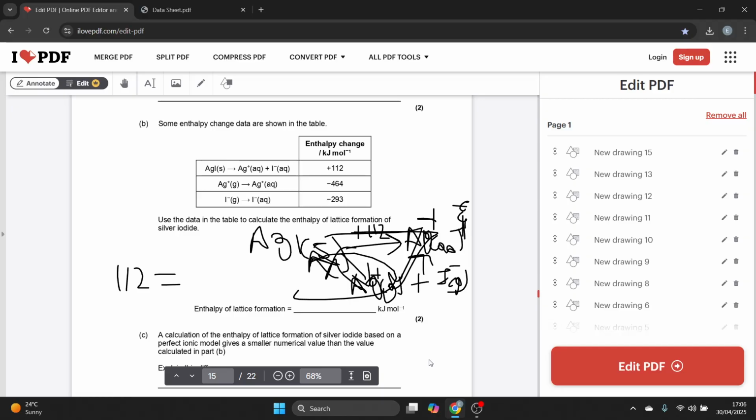Okay, yeah, my way is perfectly fine. 112 equals y minus 464 minus 293.